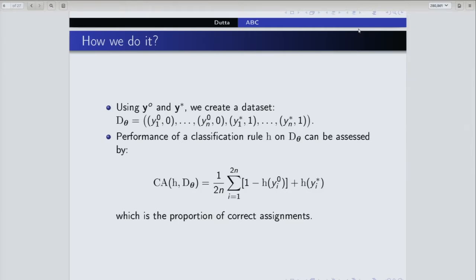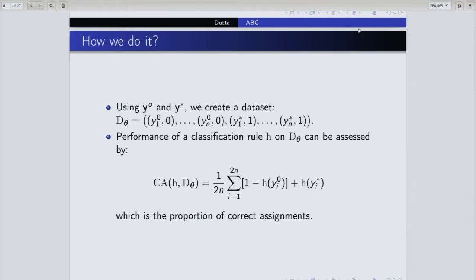You can see that it gives you the classification accuracy, and you want to estimate this quantity. We use cross-validation and other methods to estimate the classification accuracy. I'm not getting into the details, just trying to give you the flavor. If you're more interested in the details, look into the paper. The main idea here is that this is the proportion of correct assignments. If your proportion is very high, then you get a very good classification.